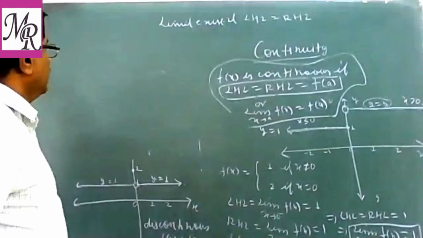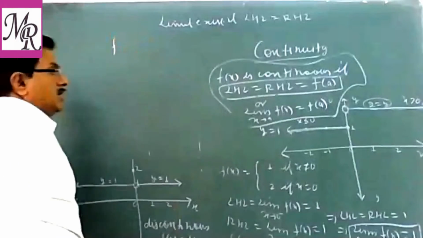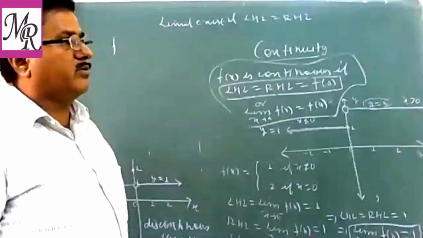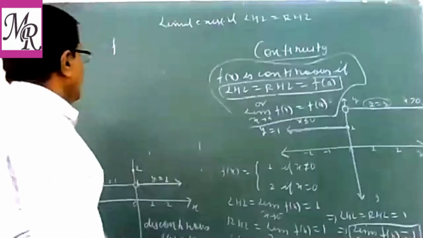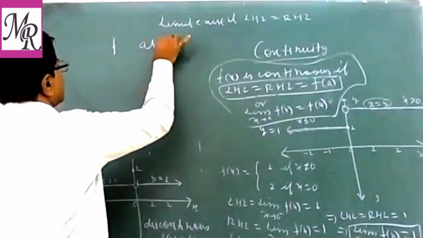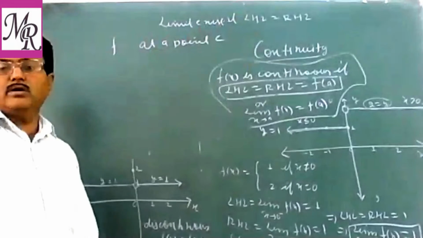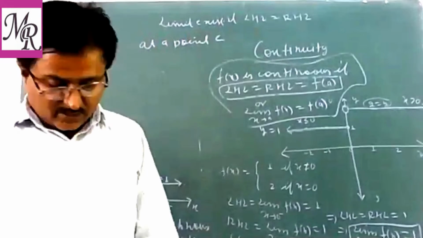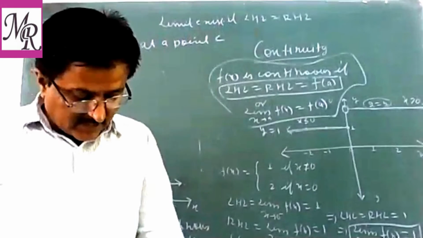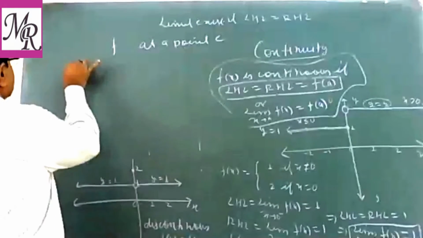Means we are given a function f, which is a real function. Its domain and codomain both are real, and at a point C we want to find continuity. Then f is continuous.